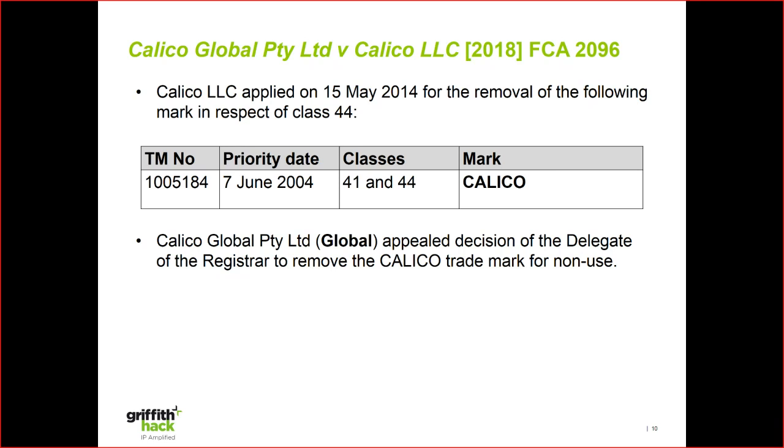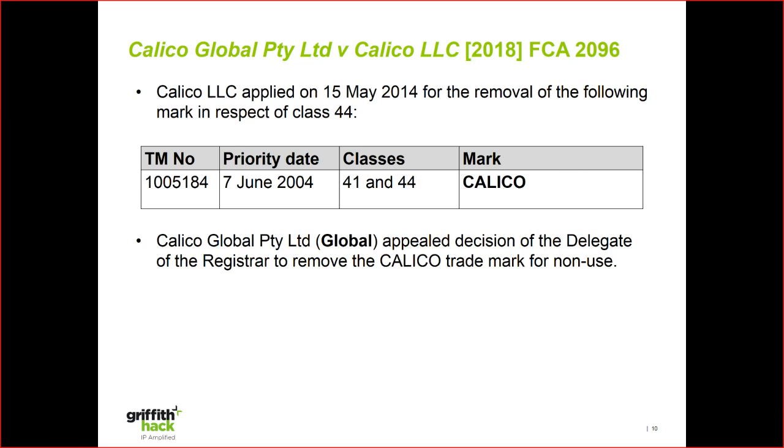So this one here, it's a trademark for Calico and applied for in relation to class 41, which is your entertainment and education services as well. It covered information in relation to fitness.